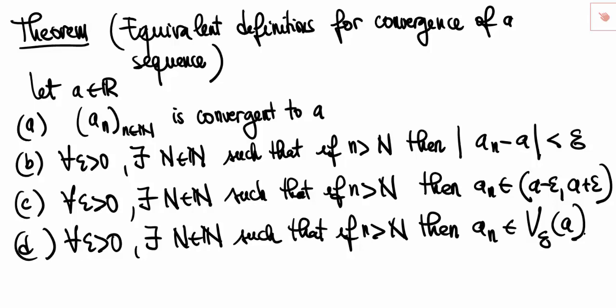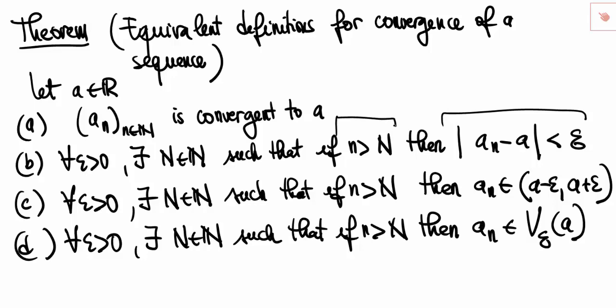In other words, the distance between AN and A can be made as small as desired, provided that little n is sufficiently large. The part where we want the distance to be as small as desired is captured by this inequality here. And the fact that little n is sufficiently large is captured by this inequality.